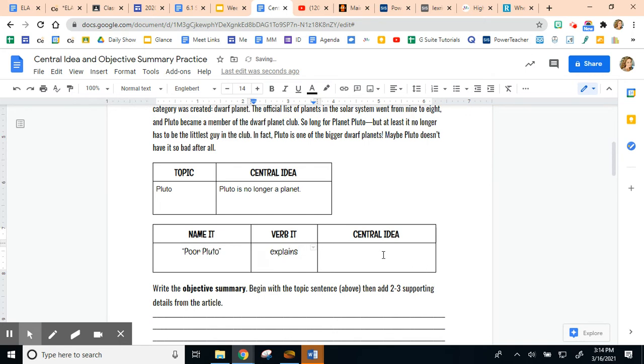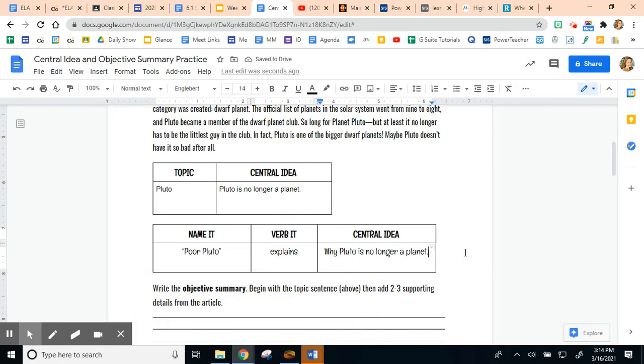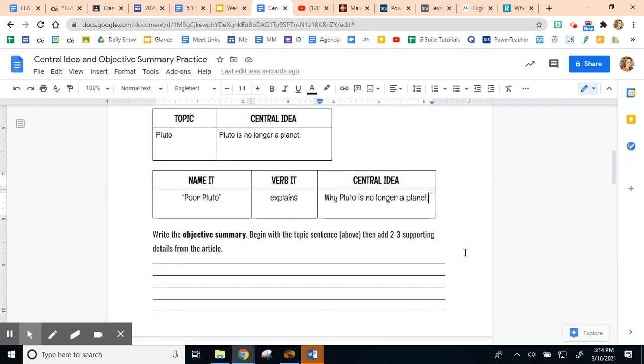I think this article is mainly explaining why Pluto, capital P, is no longer a planet. So that's the topic sentence of the objective summary. And then the final part says, write the objective summary.